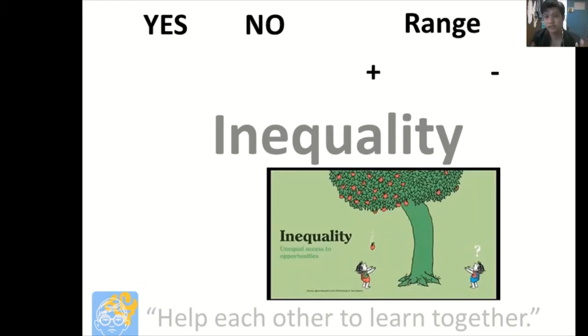The difference or the range between 5 and 1 is 4. So there is inequality of distribution of these things, the products or the benefits. Inequality is between yes and no. The gap could be positive or negative.